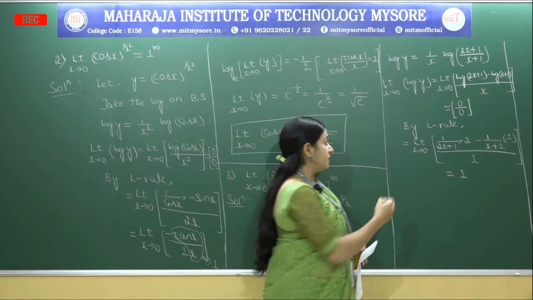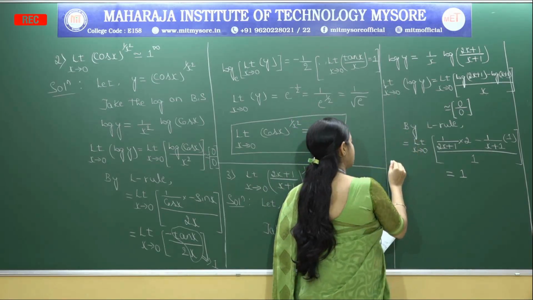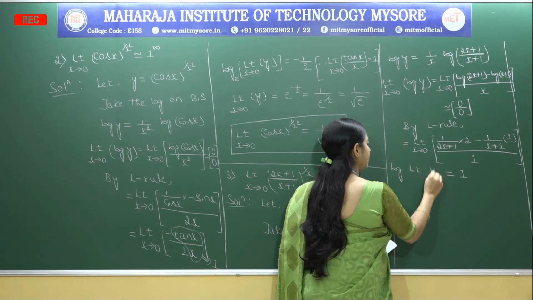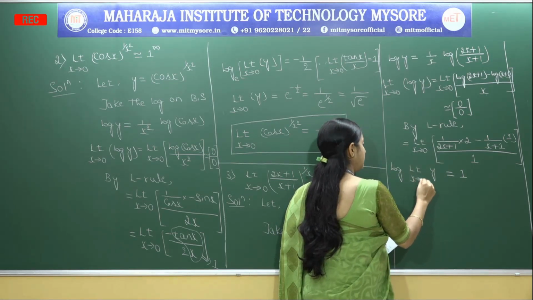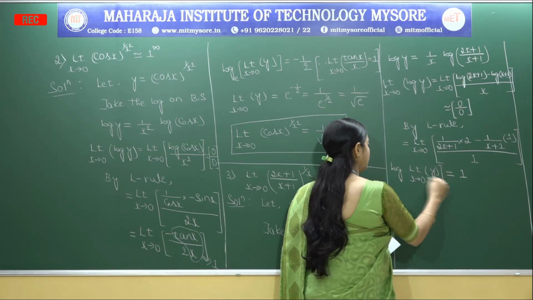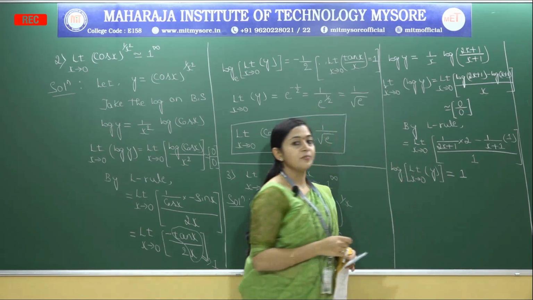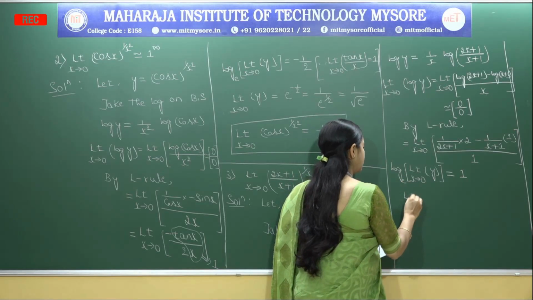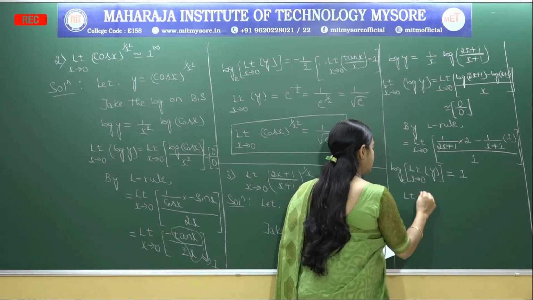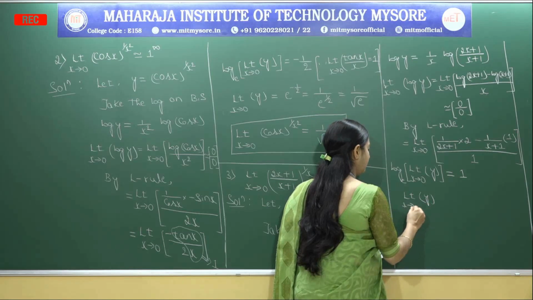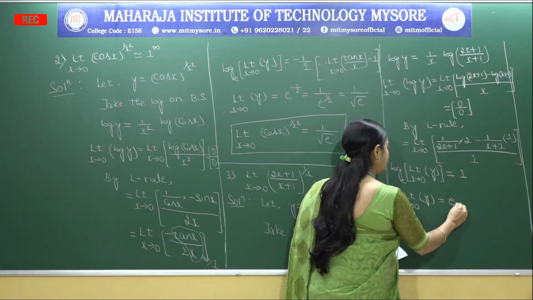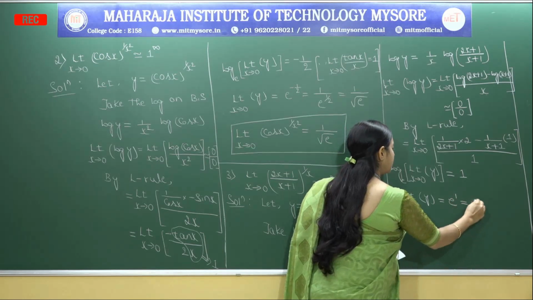In the left part, you interchange these two, log with limit. Since you have the property of this, you can interchange these two terms as x tends to 0 like this. Since you have the log with base e, write this limit as y as x tends to 0. You take this part to the RHS side, you will get e power 1, that is simply e.